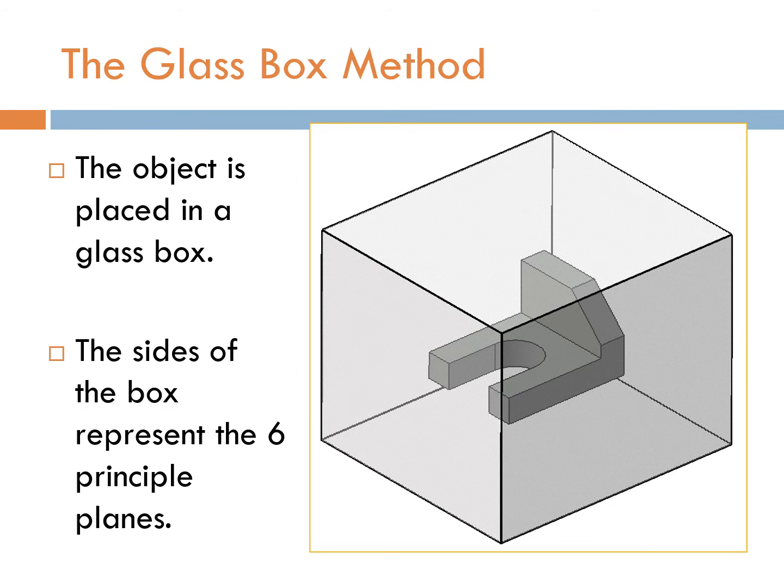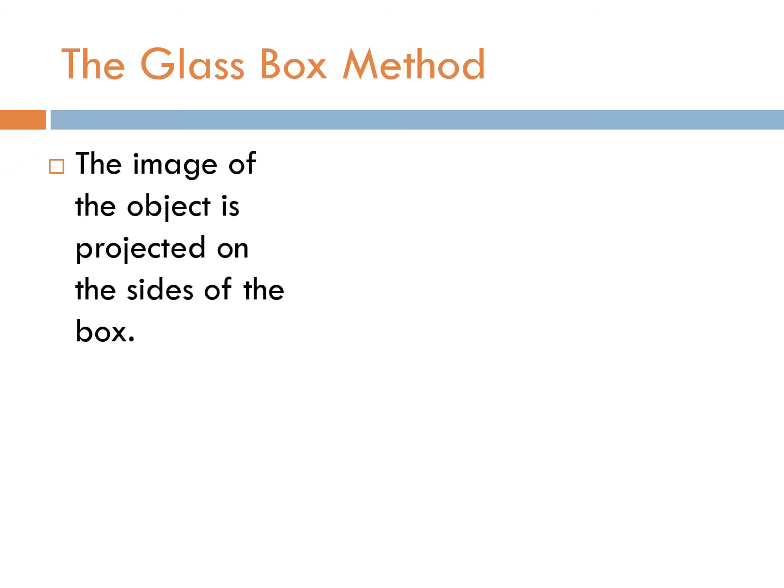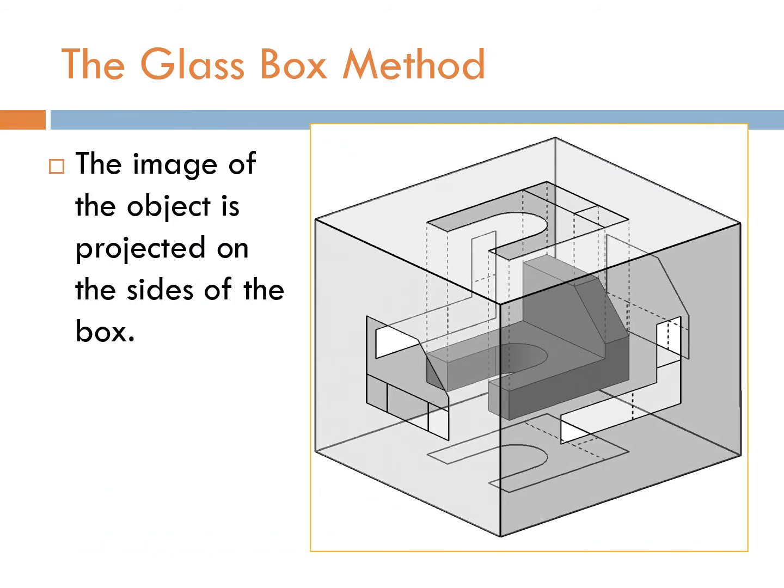This is what it looks like, the glass box method. The object is inside a transparent box. Before you open it up, you project the lights and you will see different shapes from different perspectives. And the things behind the plane, you cannot see.